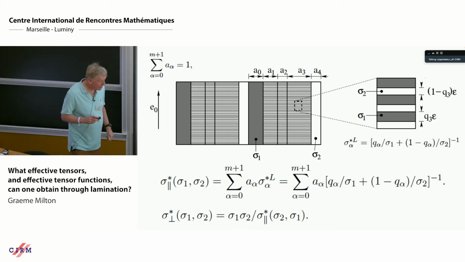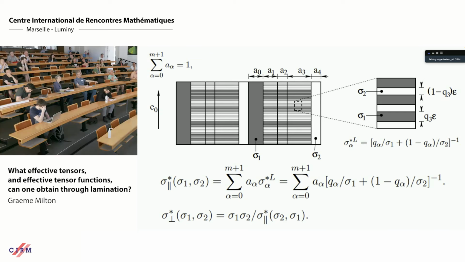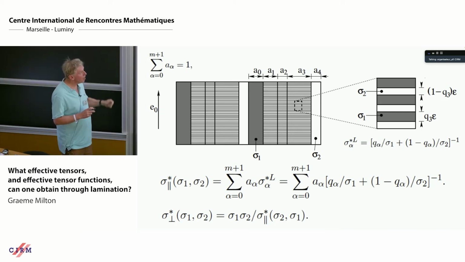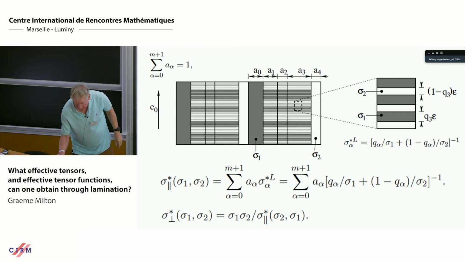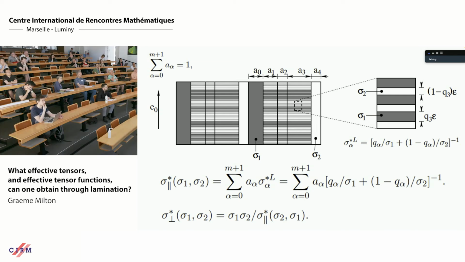So if we look at the conductivity in just one direction, in the direction E naught, where we've got an electric field, then applying that lamination formula, you get a representation formula for a laminate material in the parallel direction, in the direction of E0. It's given here by this harmonic average, because in this region we've got layers which are perpendicular to the field.